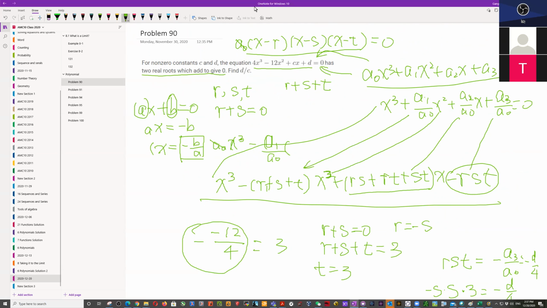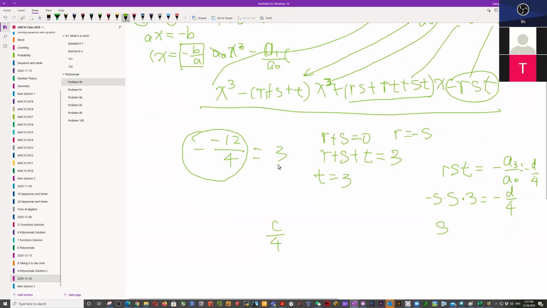C divided by 4 equals, since R equals negative S, negative S multiplied by S, plus negative S multiplied by T, then plus ST. And this obviously cancels.